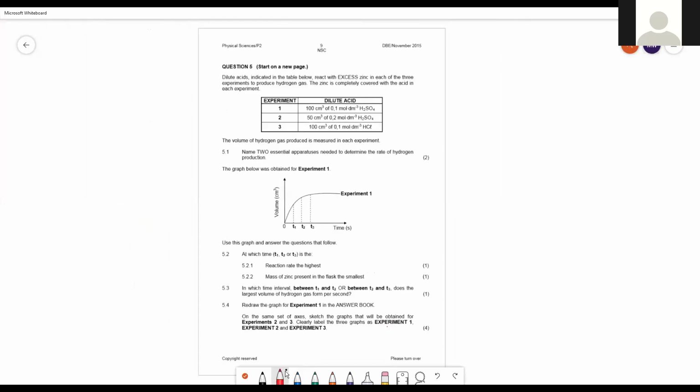So if you look at this graph, you can draw a straight line over there and a straight line at T2 and a straight line at T3.